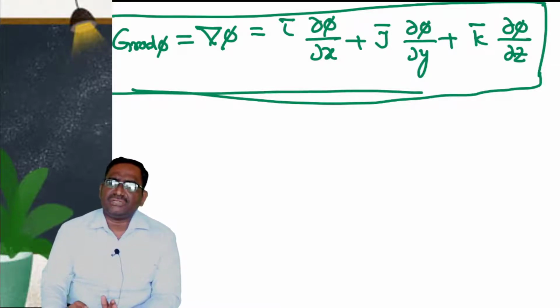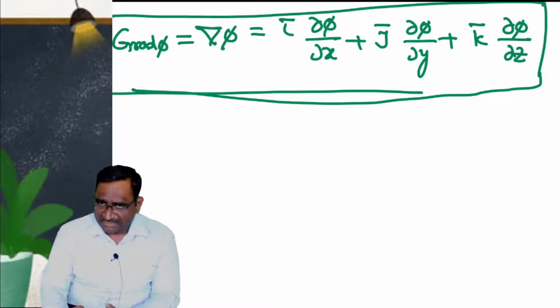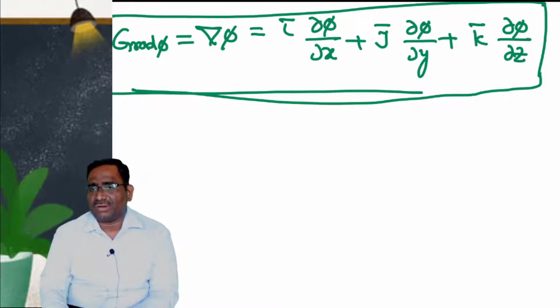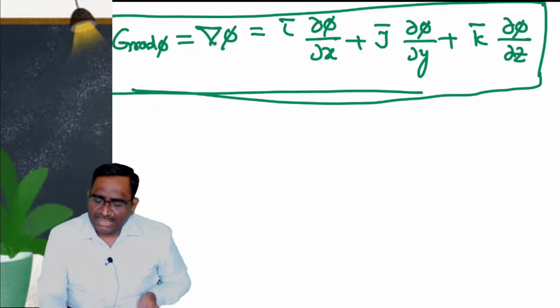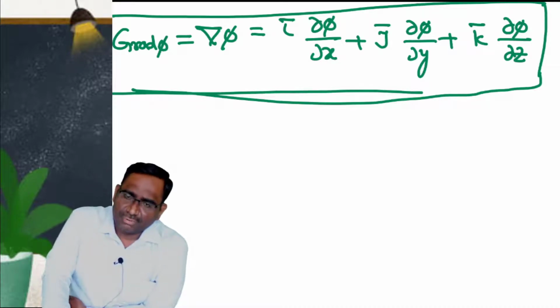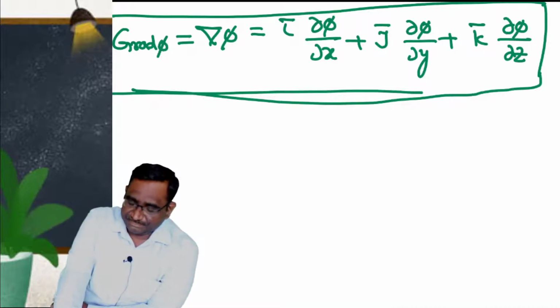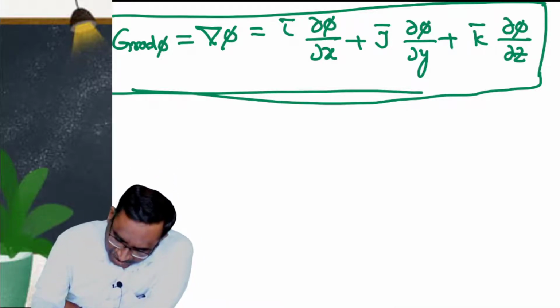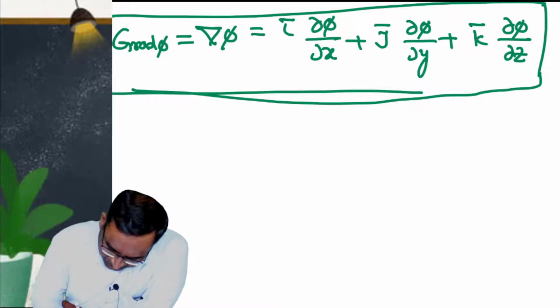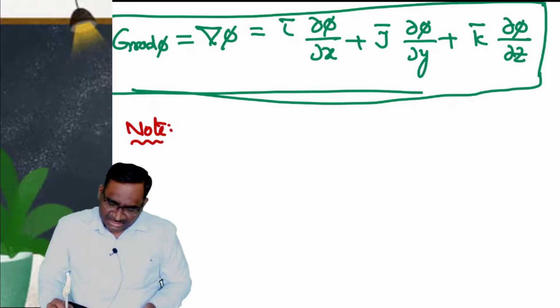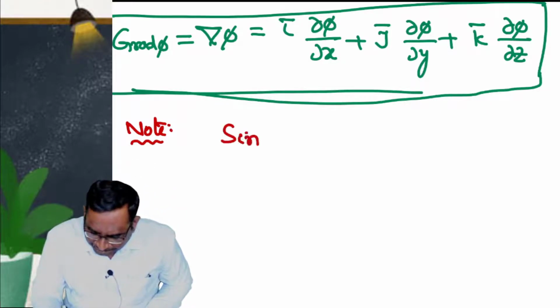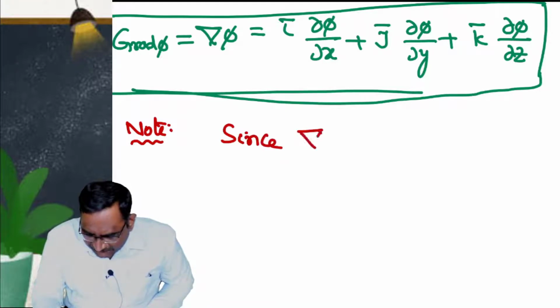The scalar point function is phi. Del is a vector differential operator. Whenever we apply a vector differential operator on a scalar point function, we get the gradient. Here, the important note: what is del phi?